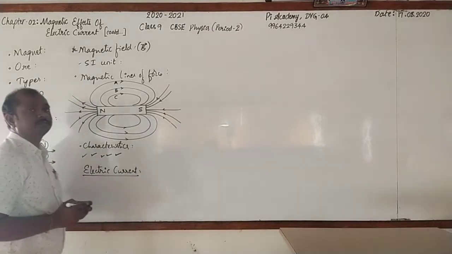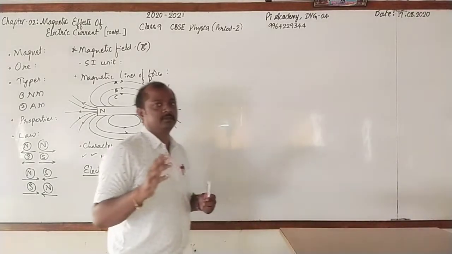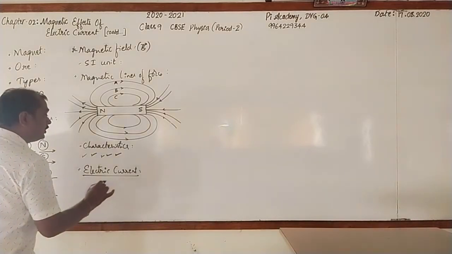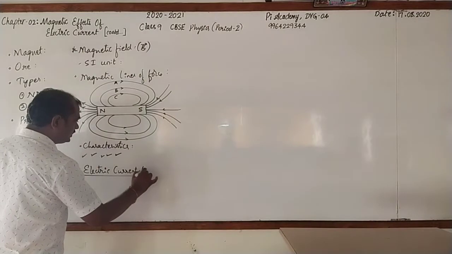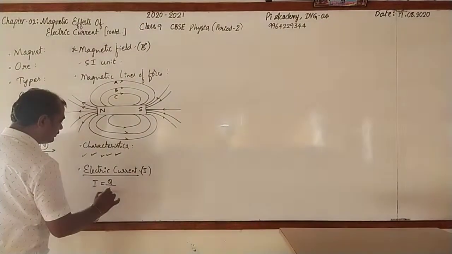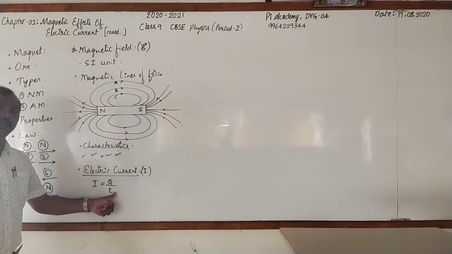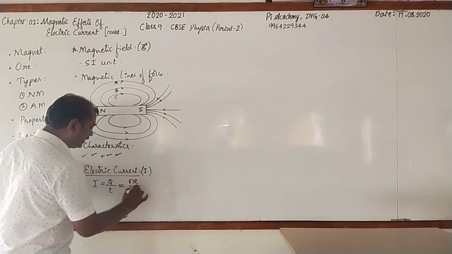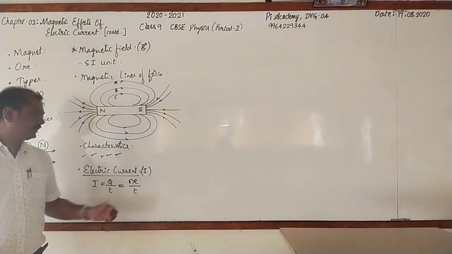Yes, it is the rate of flow of electric charges, and electric current is denoted by the symbol I, and the formula is I equals Q by T, where I is electric current, Q is quantity of charge and T is time. Current can also be written as NE by T, because quantity of charge is nothing but N into E.